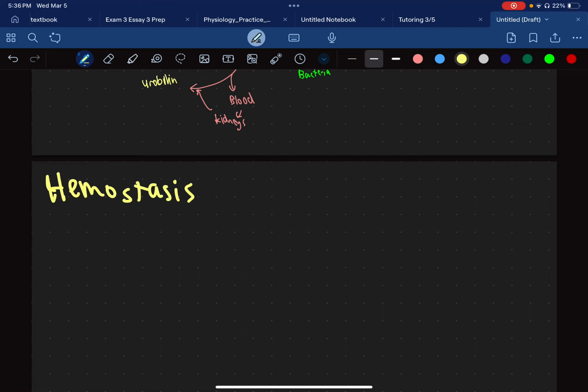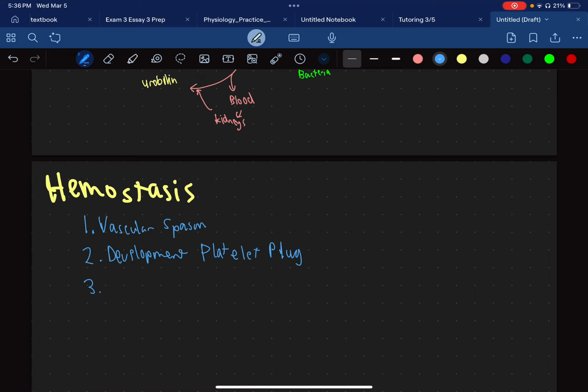Hemostasis is how we stop bleeding, basically, how we terminate bleeding. And it's got 3 different steps or things that happen. We've got the vascular spasm. We have the development of the platelet plug, sorry.